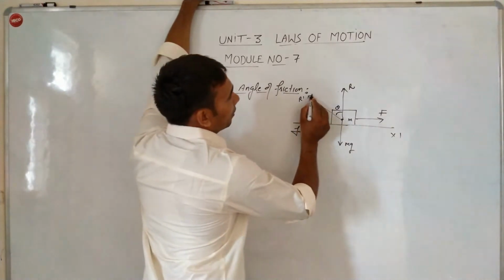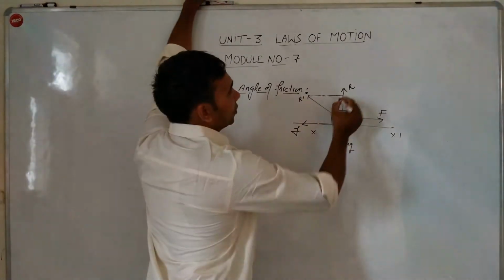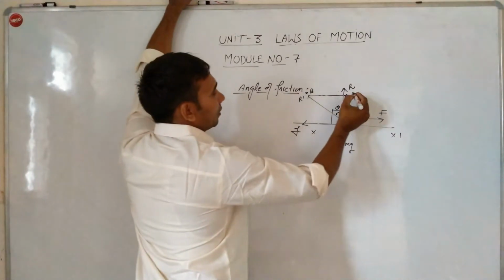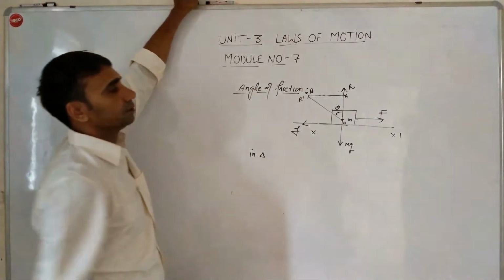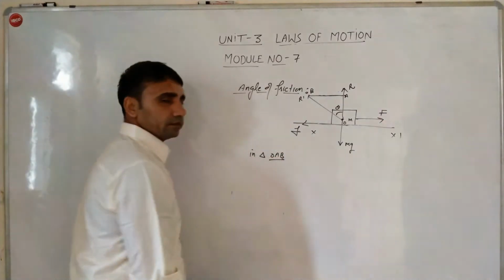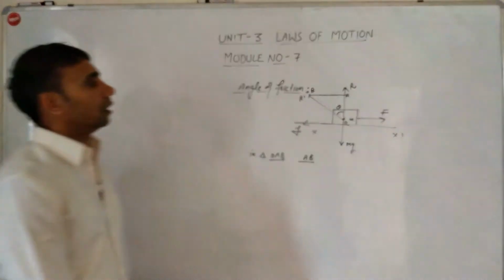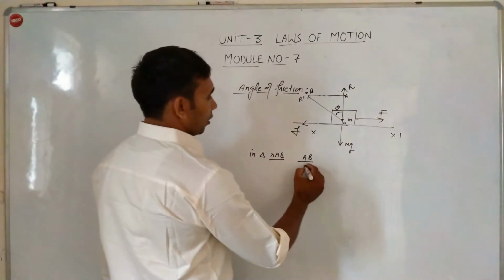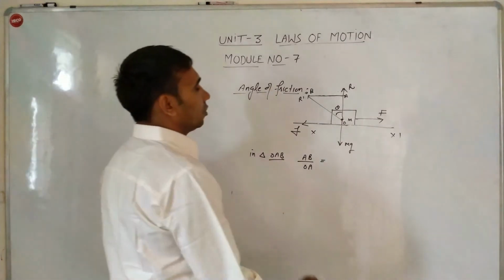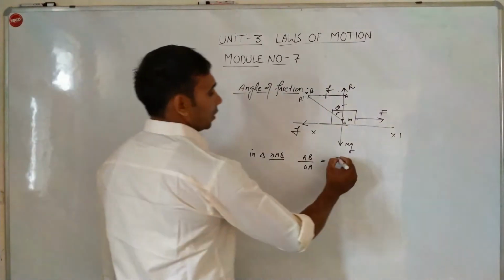We draw a perpendicular. This point is O, this point is A, and this point is B. In triangle OAB, AB divided by OA is equal to frictional force divided by normal reaction, that is equal to tangent theta.